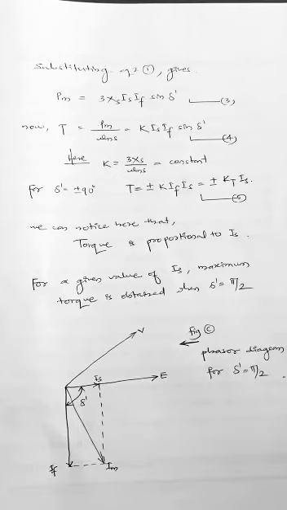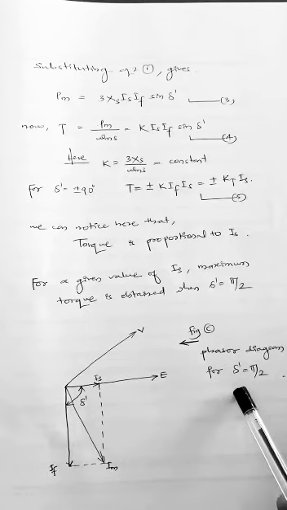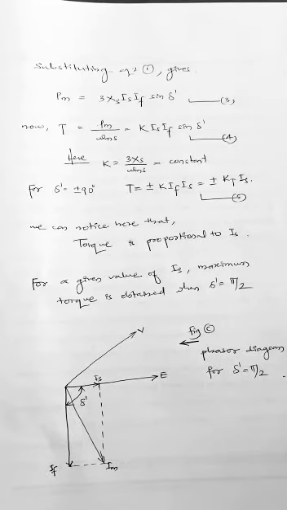Similarly, for the braking operation, maximum torque per unit of stator current can be obtained when delta dash is equal to minus pi by 2. Hence, this is the preferred operating condition for the braking operation also. Now the question comes: how to change this delta dash from pi by 2 to minus pi by 2?